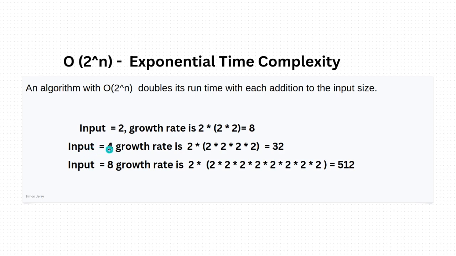If we pass in 4, the growth rate is going to be 2 multiplied by the multiple of 2 of the input, and it's going to be 32. If we pass in 8, the growth is going to be 2 multiplied by the input in multiple of 2, and it's going to be 512 at worst case scenario.